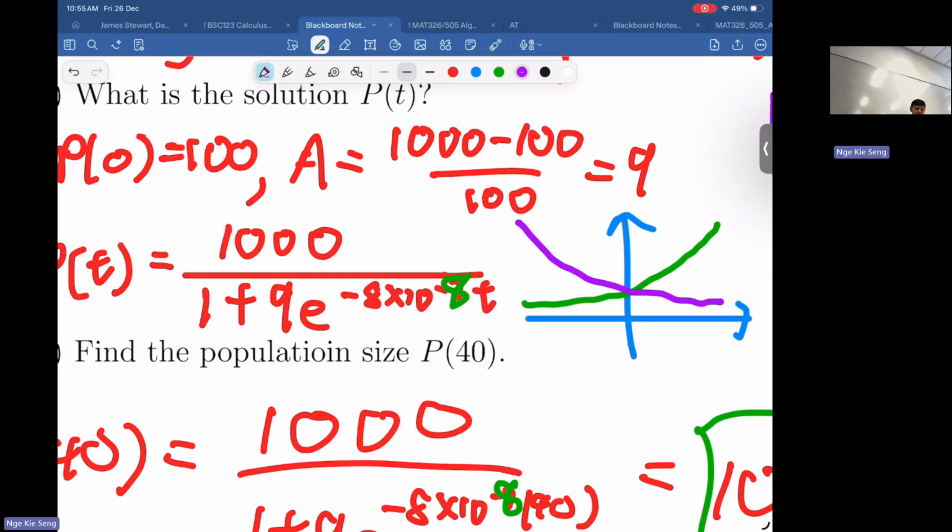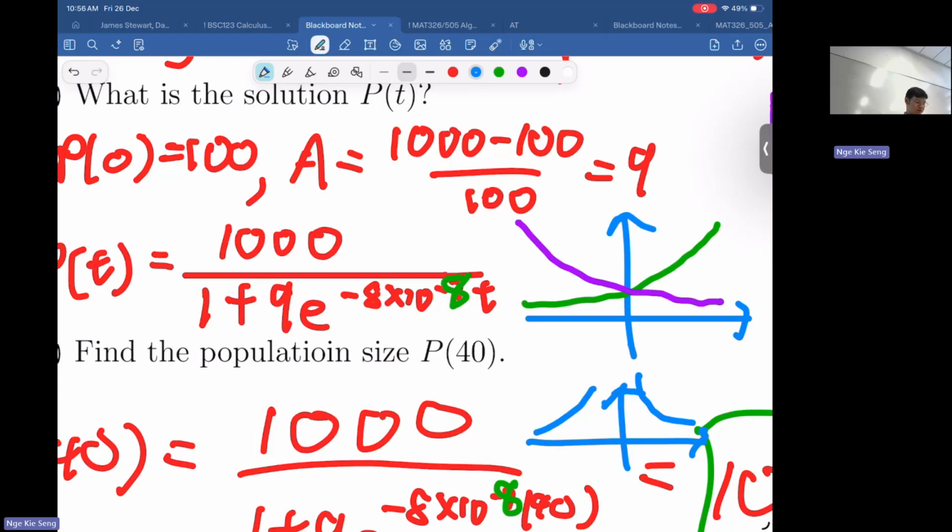Yeah, the population decreases. No, wait. So you divide by this thing, huh? What do you mean by divide by this? Divide by this is just getting this picture. I think you get this kind of picture if you divide it. Also decreasing.